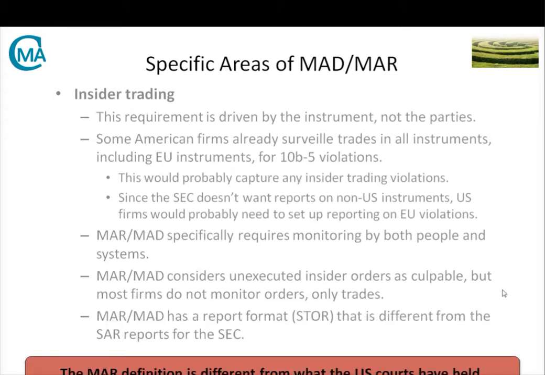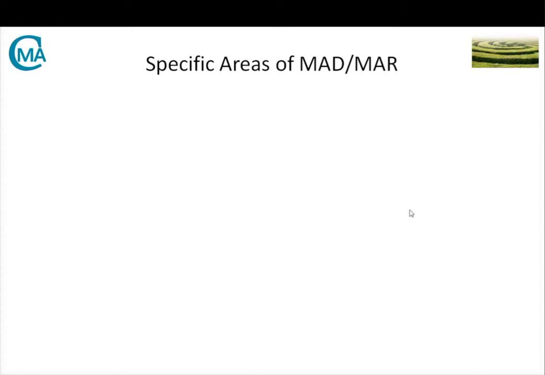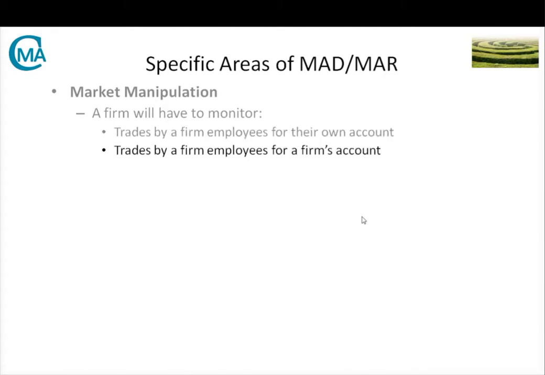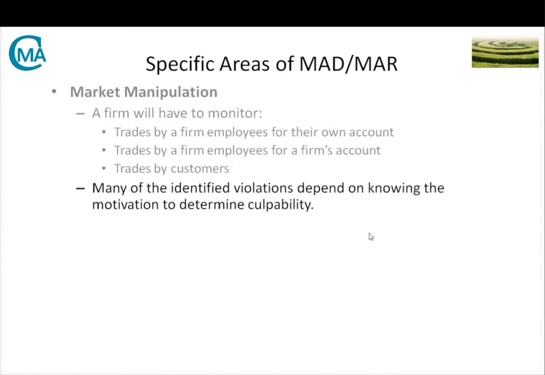And the insider trading requirement in Europe is what the old requirement was in the US. So the safe harbor that the US courts have given is not applicable there. There is a wide variety of activity for market manipulation that needs to be monitored.